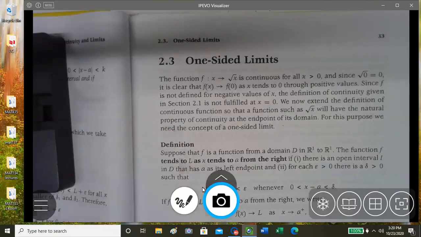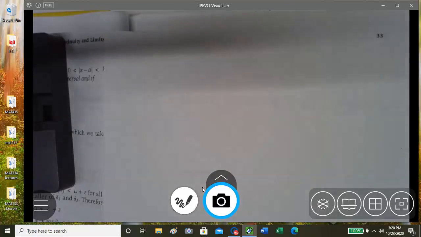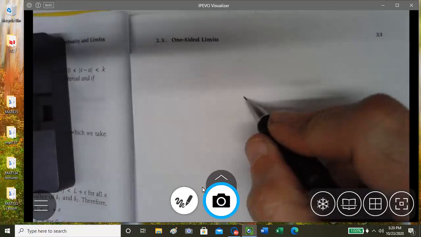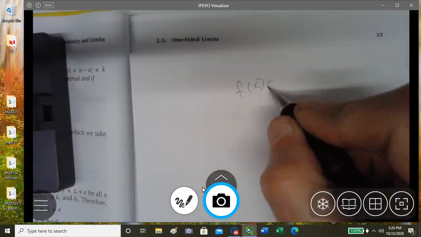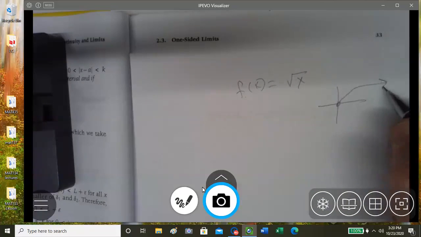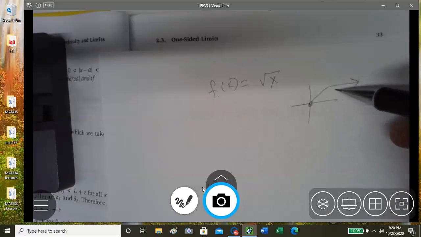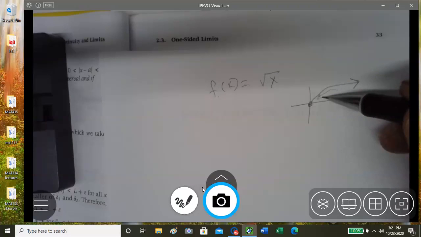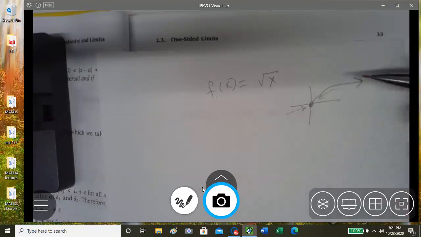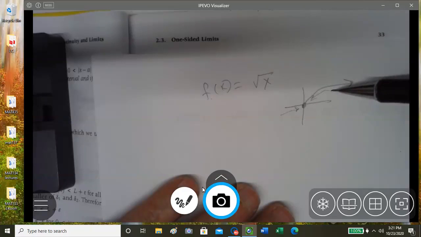So if we look at a graph of the square root, f of x equals the square root of x, and we're looking at 0, we can't say that you have a limit as it approaches from the right and the left. So we can't use that definition of 2.1 here. So we have to use a one-sided limit.